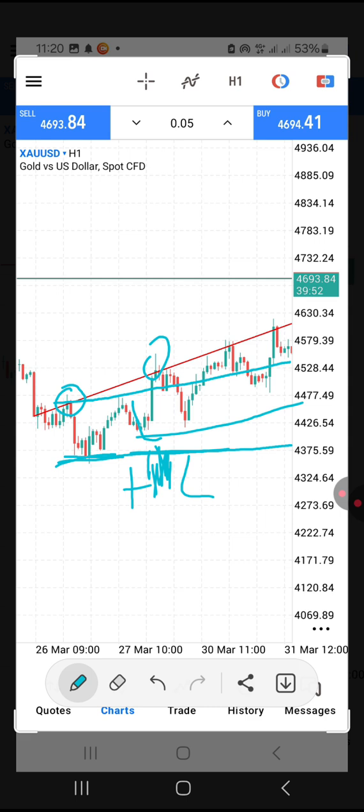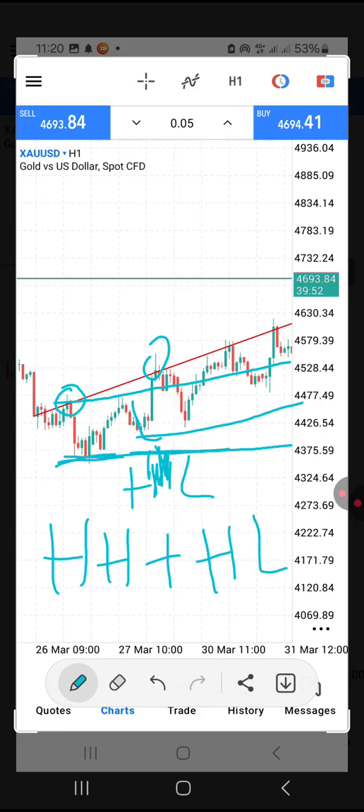When you consistently see higher highs, I think you would have to watch this again to understand. When you continuously see higher highs and higher lows, it means the market is bullish. The opposite is the same thing for lower lows, for a downtrend.